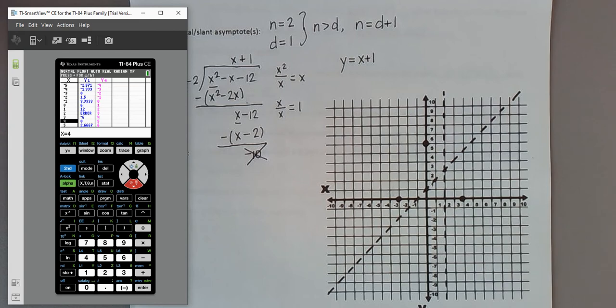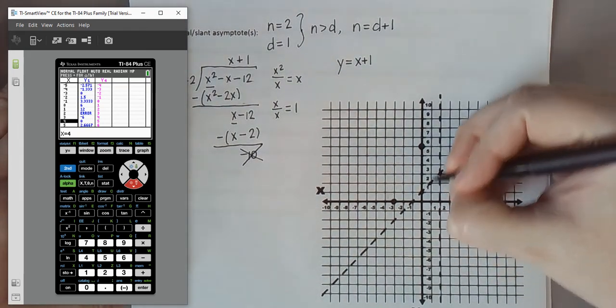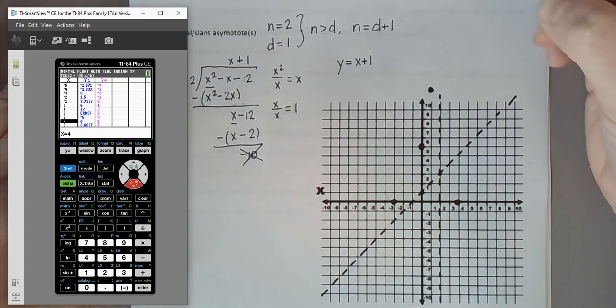So let's get a couple more ordered pairs in each of the regions. To the left of our vertical asymptote, to the left of 2, so excuse me, we want the other side, so 1. 1, and then 10, 11, 12, something up there.